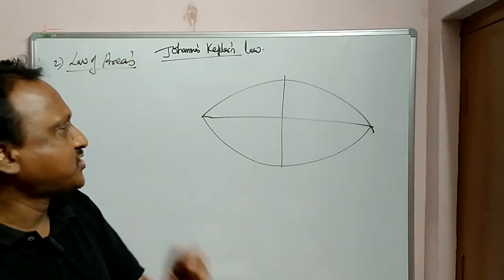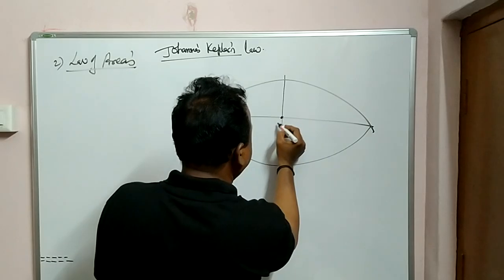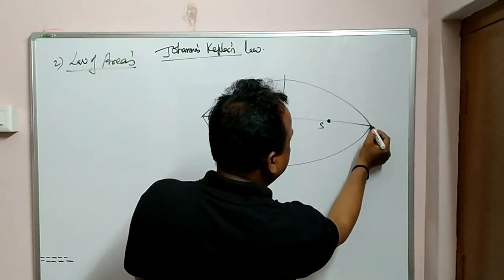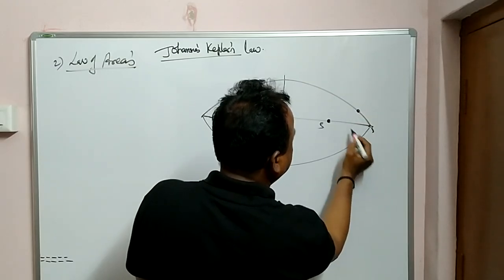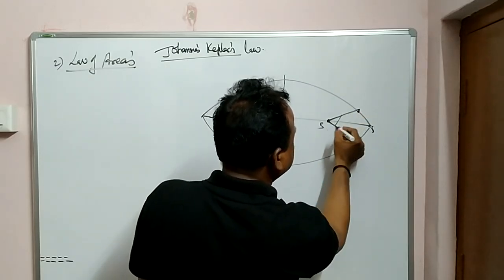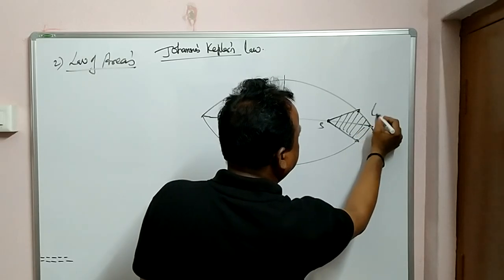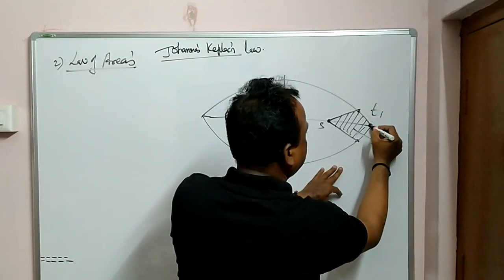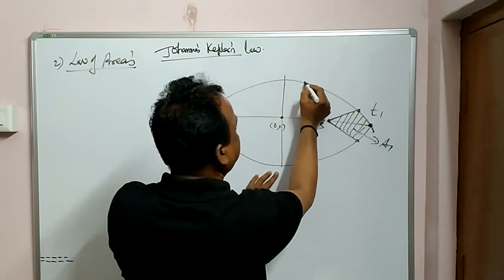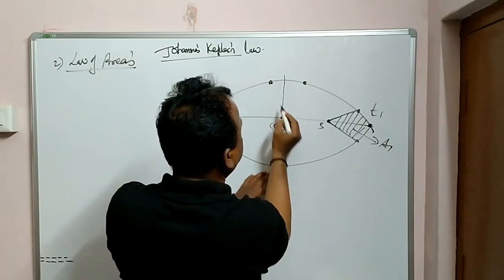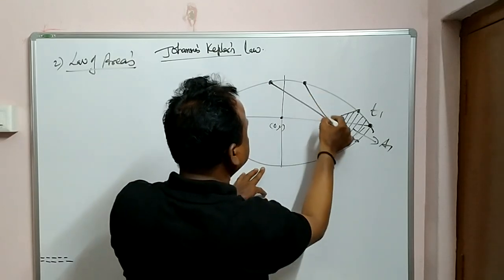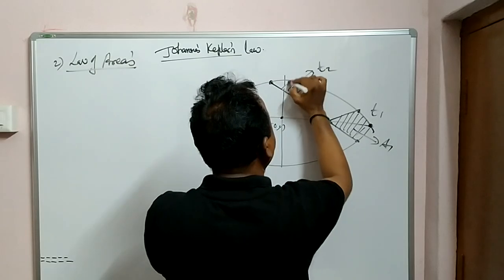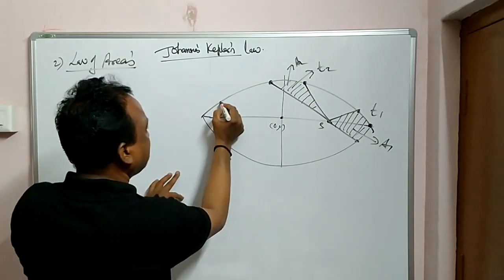That means the line joining the sun and the planet. For example, this is the origin. Suppose the sun is here. Suppose the planet in time t1 covers area a1 from here to here, and then goes from here to here over time t2 with area a2.